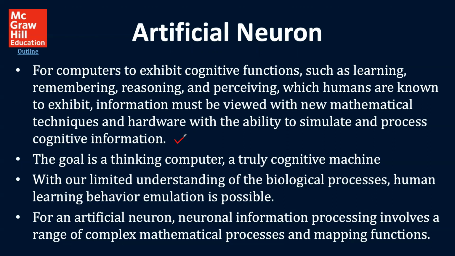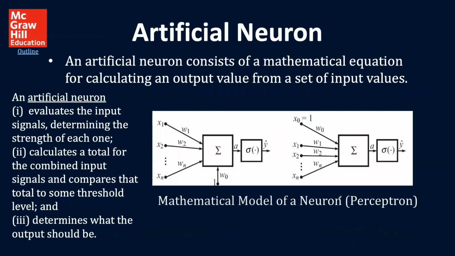The goal is a thinking computer, a truly cognitive machine. With our limited understanding of the biological process, human learning behavior emulation is possible. For an artificial neuron, neuronal information processing involves a range of complex mathematical processes and mapping functions. So here are some examples of what that might look like.